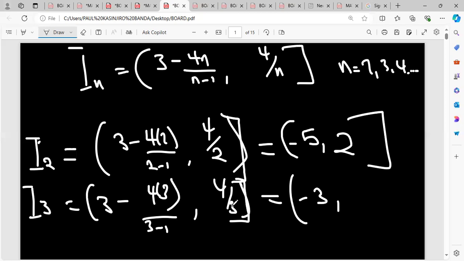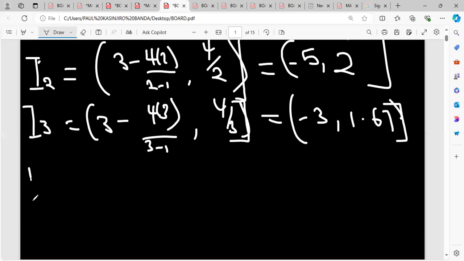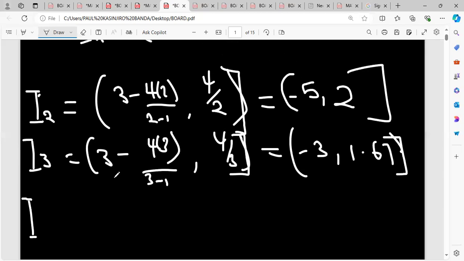4 divided by 3 is what? 1 point something. Okay, this will be 1.666, right? So you can just say 1.7. Can I correct you on something? Yes. On the 4 divided by 3, it's 1.333.